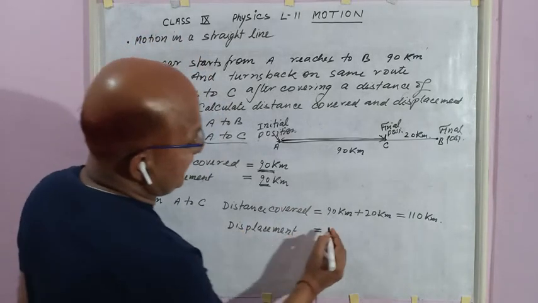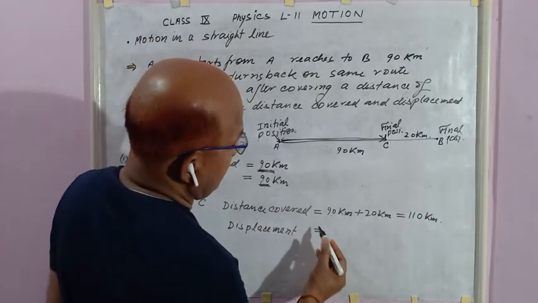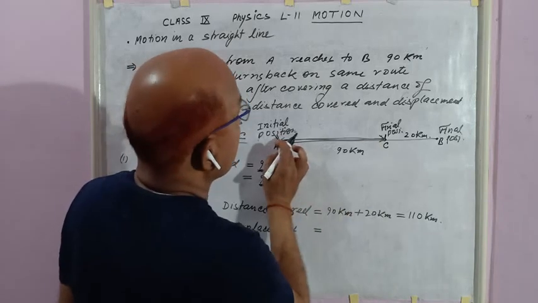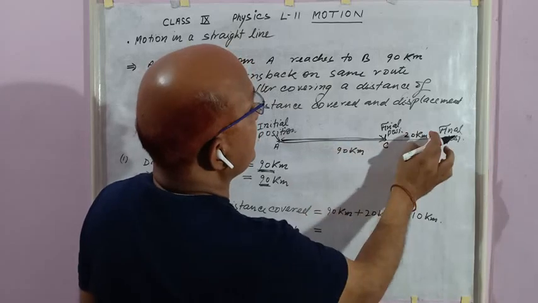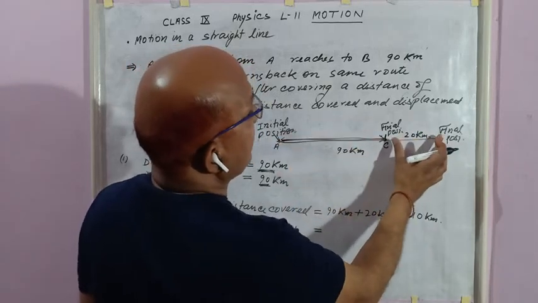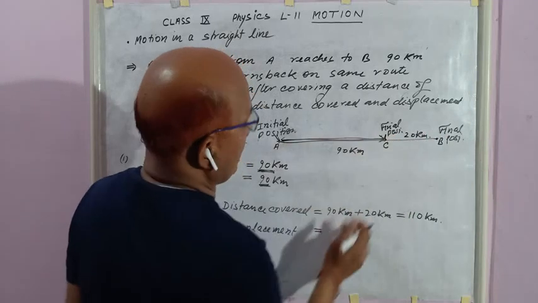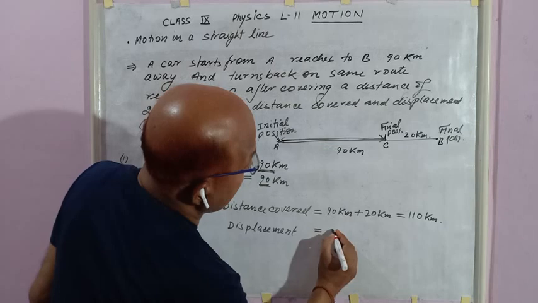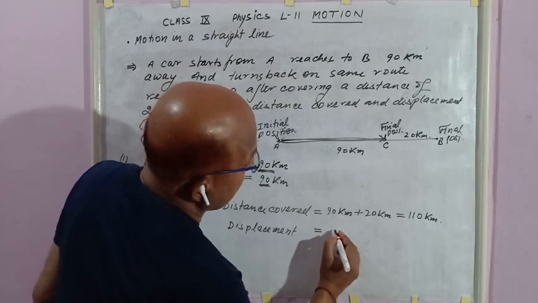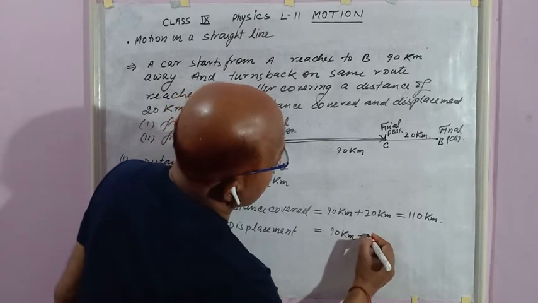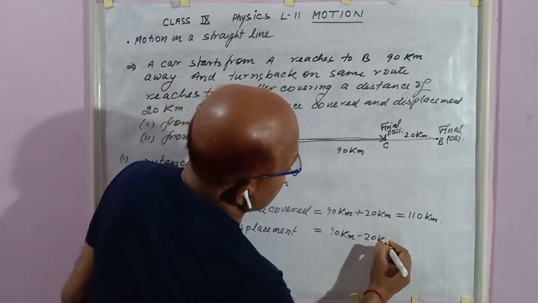So displacement will be this total distance, this is 90 kilometer, and to find this value, subtract this value from the whole. So displacement will be 90 kilometer minus 20 kilometer.